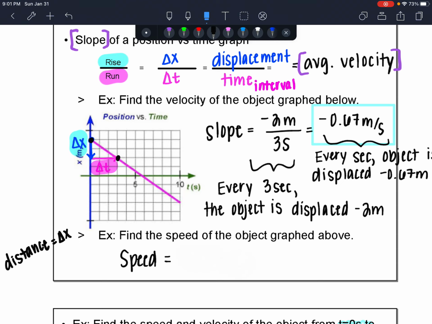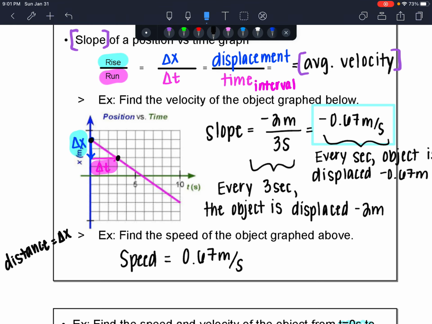So my average speed is going to have the same magnitude as my average velocity, 0.67 meters per second. The only difference is that there's no direction associated with this. So I don't have to say negative 0.67 meters per second. I can say just regular 0.67 meters per second since it's a scalar quantity.